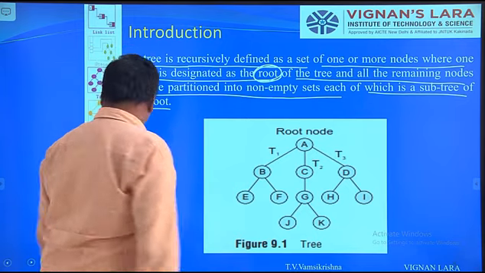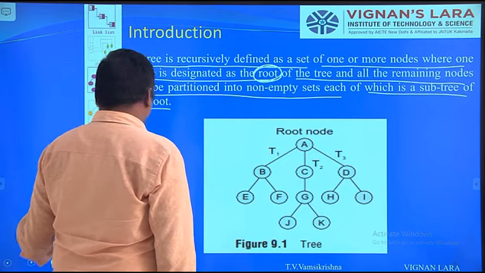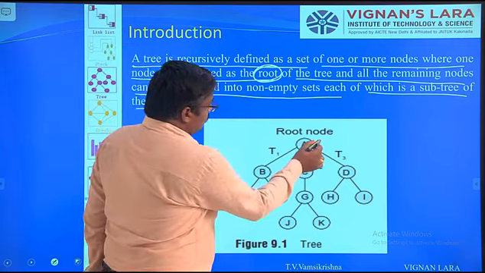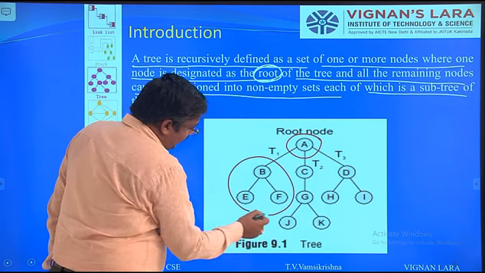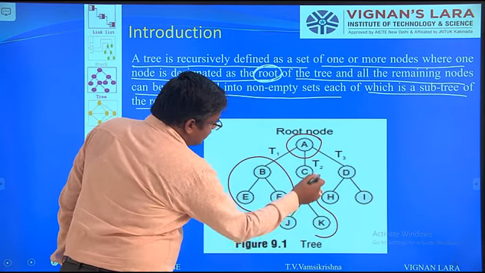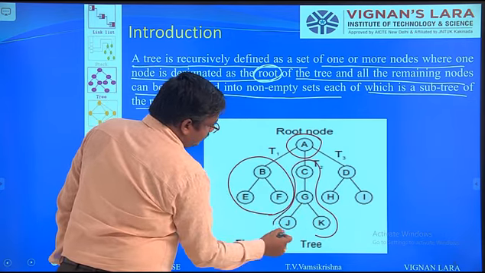In the representation, A is called the root node. This is one subtree, this is another subtree, and this is another subtree. Again, B is a parent node, and this is one subtree, this is another subtree.